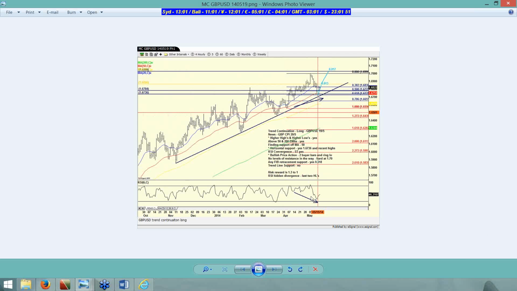Hidden divergence. If you go from this one here where you've drawn your fib, you've got a hidden divergence here. High highs, finding support. Hard at $1.70. Yep, that's all good.